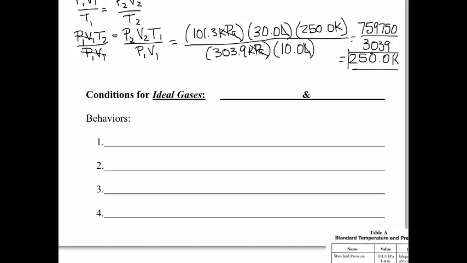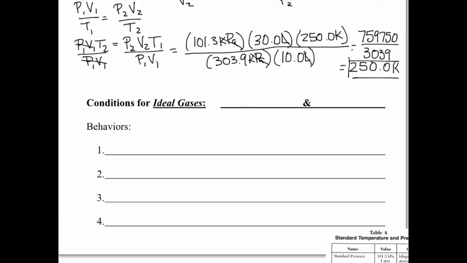And those conditions are really, really high temperature and really, really low pressure. The reason why they act like ideal gases under those conditions are because the molecules are so far apart from each other and moving so quickly that they show very, very little attraction between the particles, and that's what we're looking for in order for it to behave like an ideal gas.